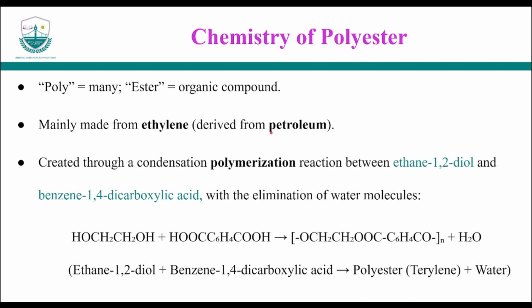You get it from petroleum. And then through a condensation reaction between these monomers, ethane-1,2-diol and benzene-1,4-dicarboxylic acid. This is a condensation reaction, therefore you have a byproduct, and this byproduct is basically water. And you get this polyester.